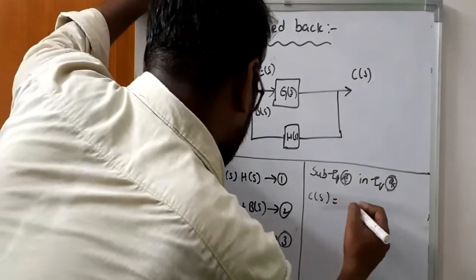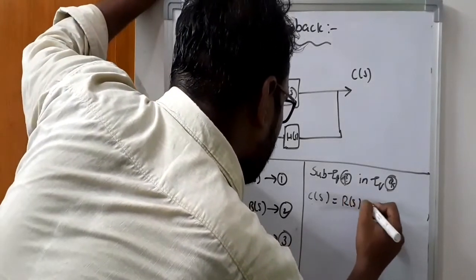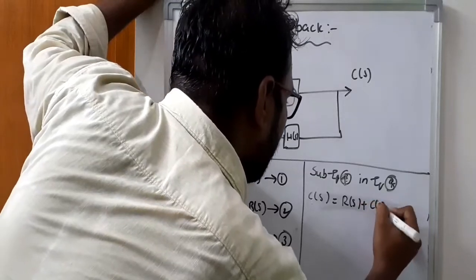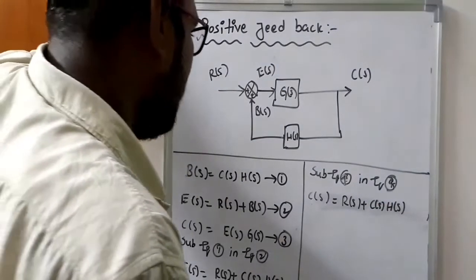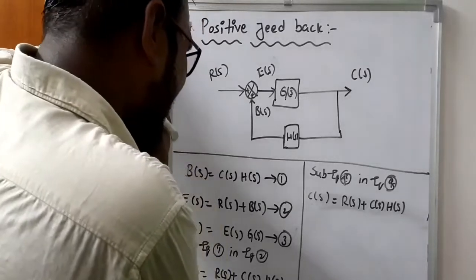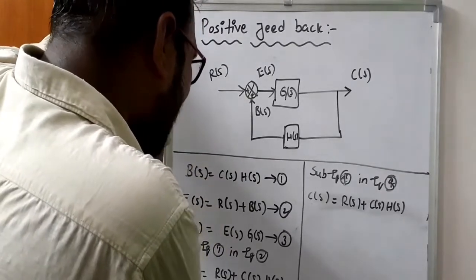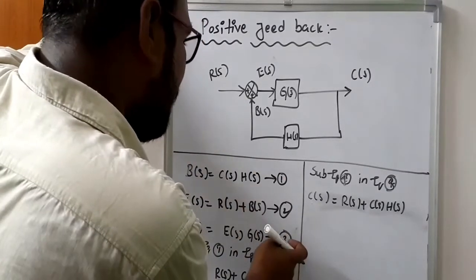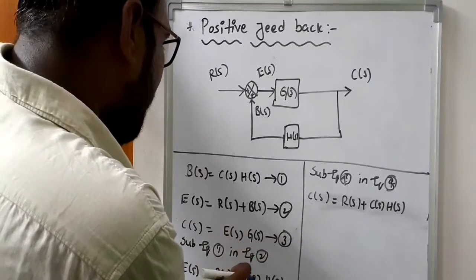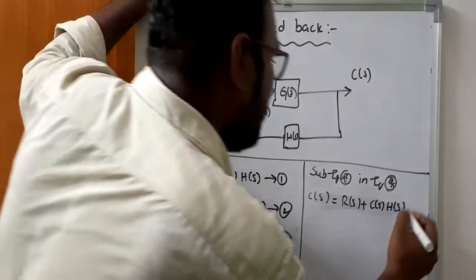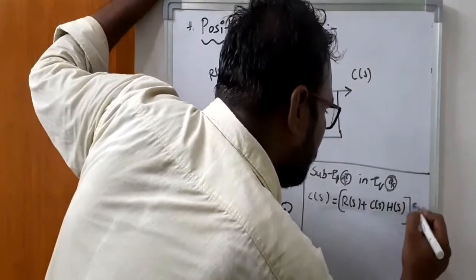E of S is R of S plus C of S into H of S. So in the place of E of S, C of S equals R of S plus C of S, H of S, into G of S.